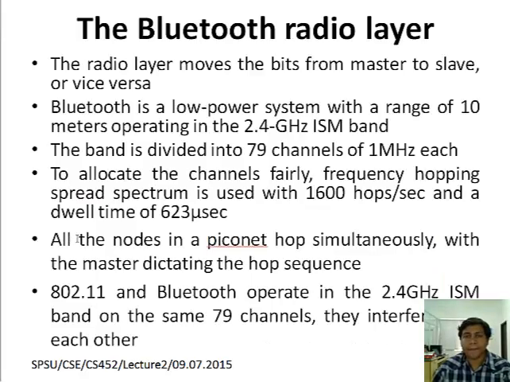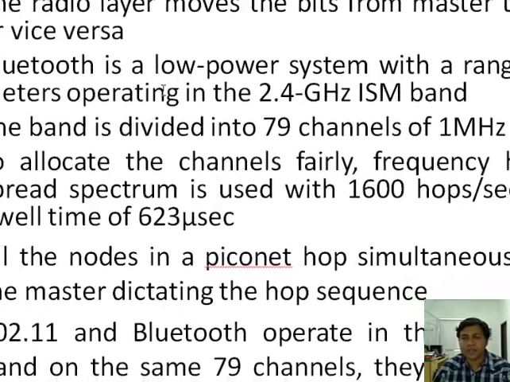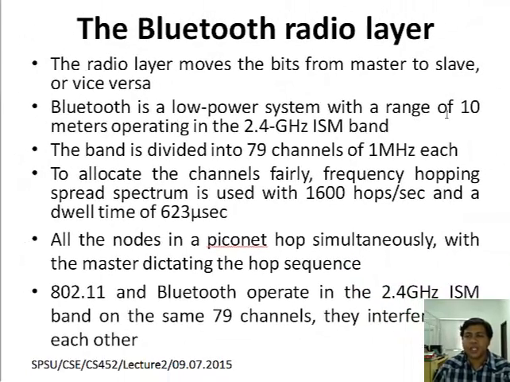Now, the Bluetooth radio layer we have already discussed, so let me give you a brief. The radio layer moves the bits from master to slave and slave to master. There is no slave to slave communication. It normally operates over 10 meters and uses the 2.4 gigahertz ISM band.